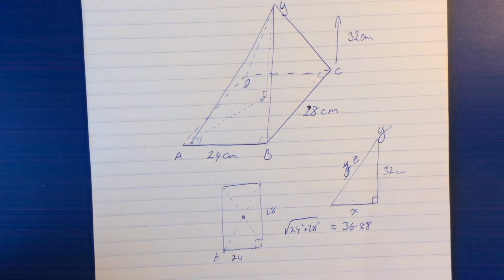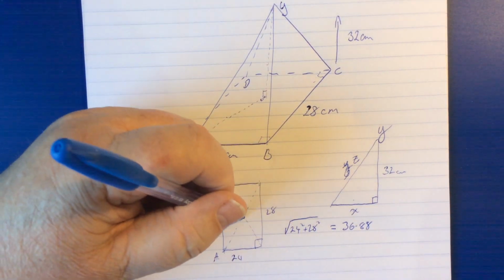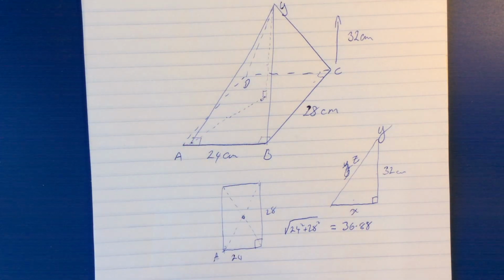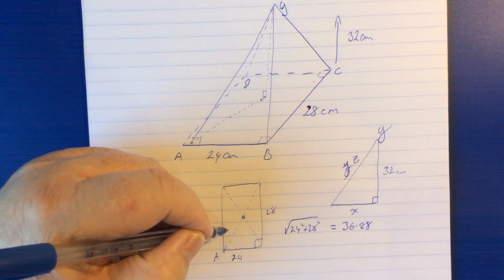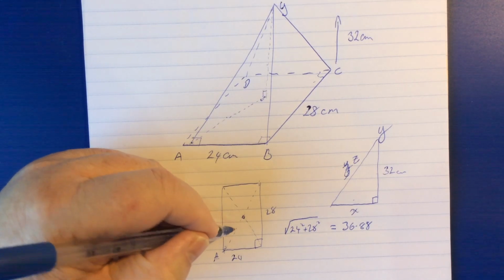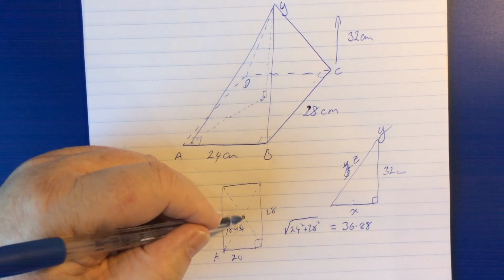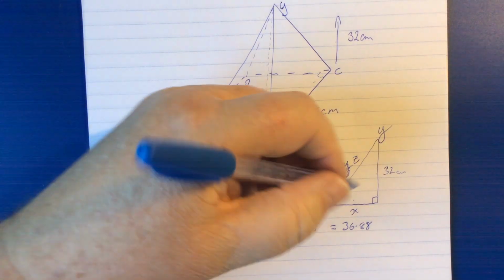We're working to the nearest centimeter, so I don't mind rounding at this stage. Half that distance will be 18.44. That distance there.